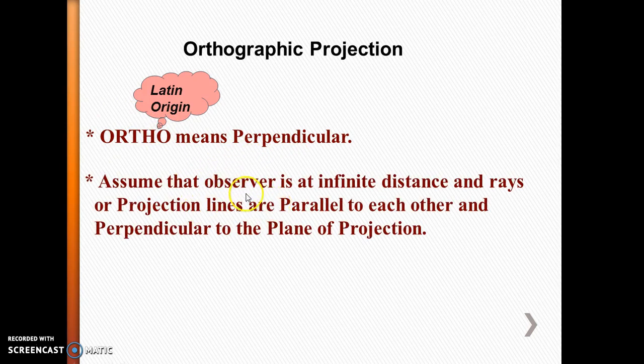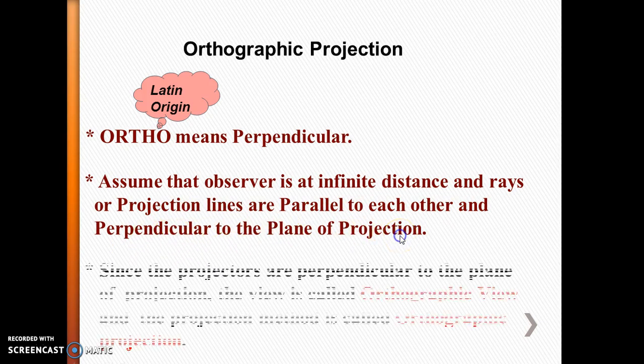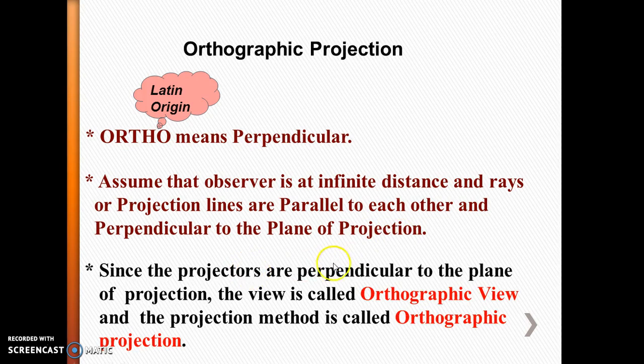Assume that the observer is at an infinite distance and the rays or projection lines are parallel to each other and perpendicular to the plane of projection. Since the projectors are perpendicular to the plane of projection, the view is called an orthographic view and the projection method is called orthographic projection.